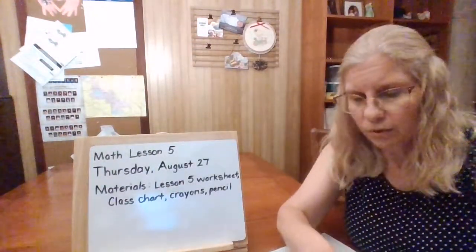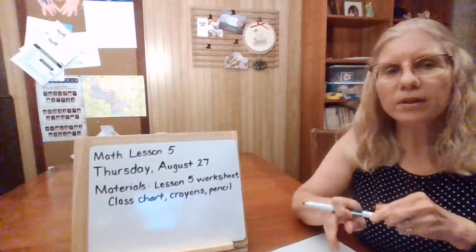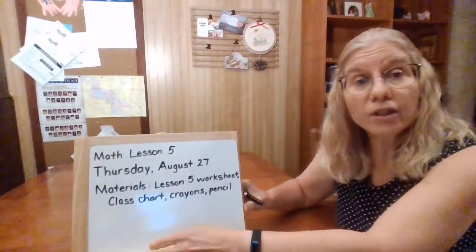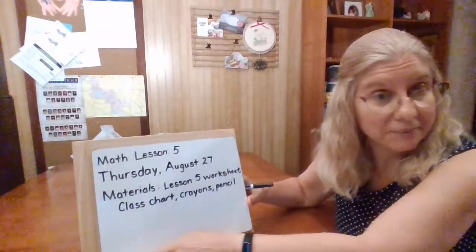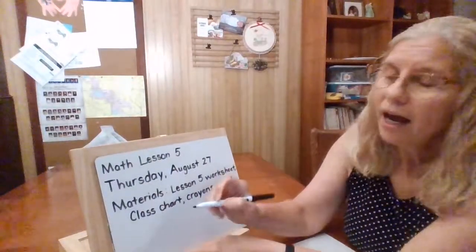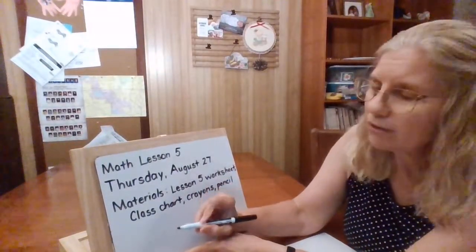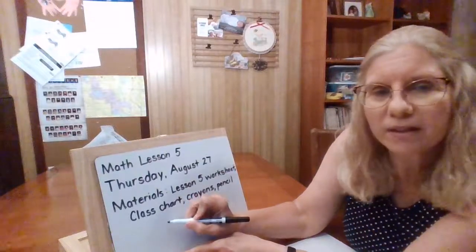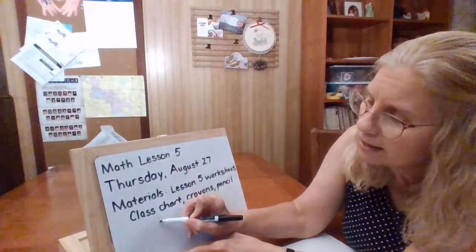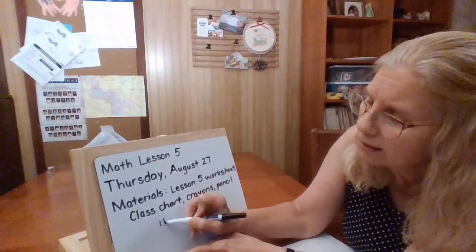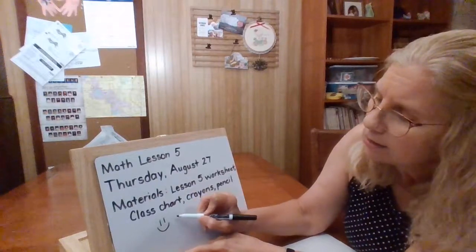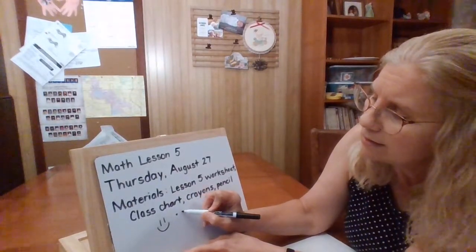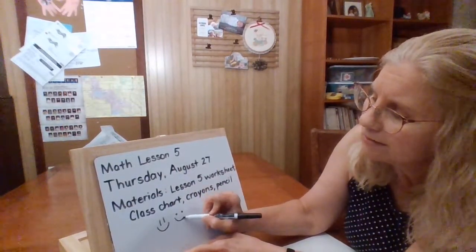Let me show you. We are going to put a smiley face on there for every girl with the pink crayon and a smiley face with the blue crayon for the boys. And so you can do your smiley faces kind of like I do mine that are easy. You can do a line and a smile. You can do a dot and a smile.